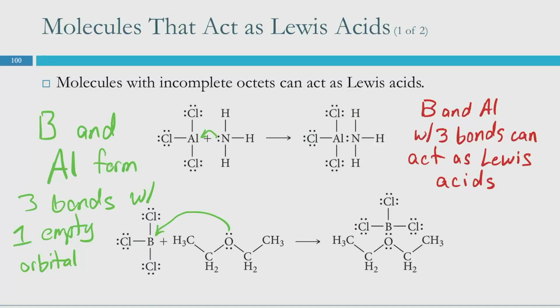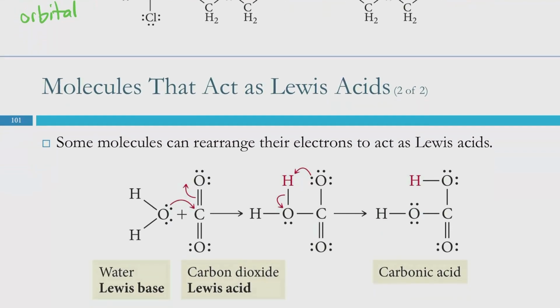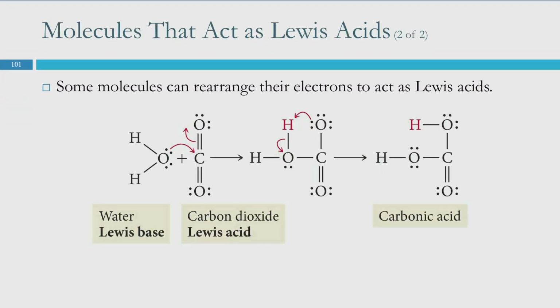Those are, of course, not the only things that can act as Lewis acids. Molecules can also act as Lewis acids. So for example, water can attack or donate an electron pair to carbon that's in CO2. And CO2 can rearrange some of its bonds. It's got double bonds, and oxygen is more electronegative than carbon, and so oxygen can at least temporarily take on some extra electrons.